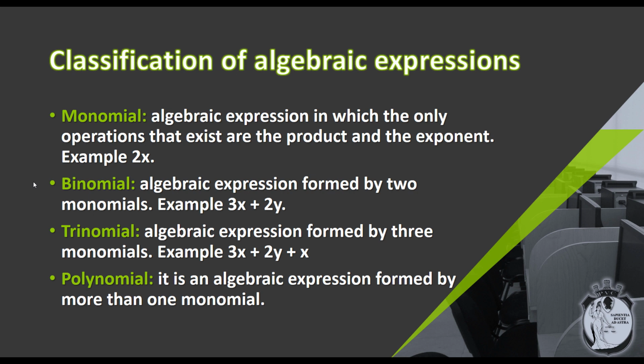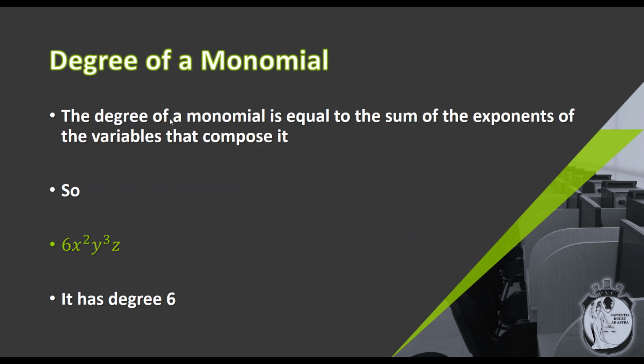Okay, now the degree of a monomial. The degree of a monomial is equal to the sum of the exponents of the variables that compose it. So, for example, here 6x squared times y cubed times c.